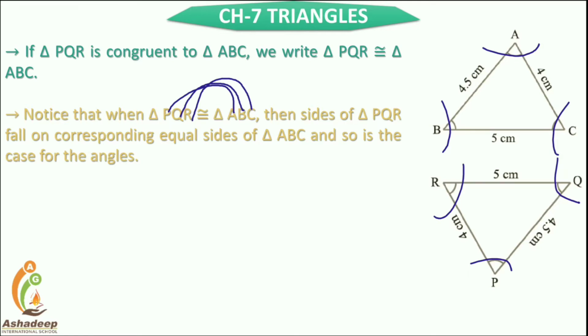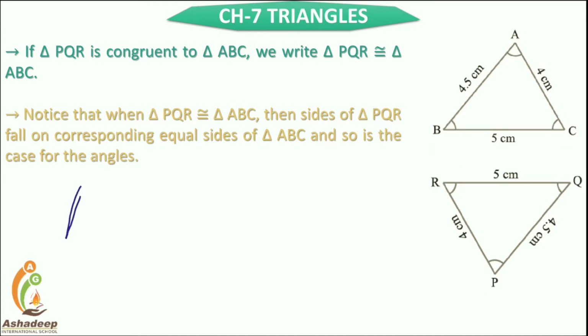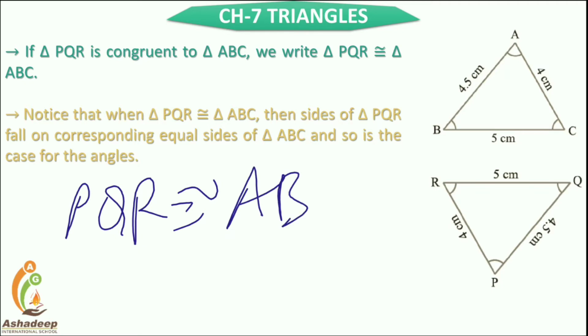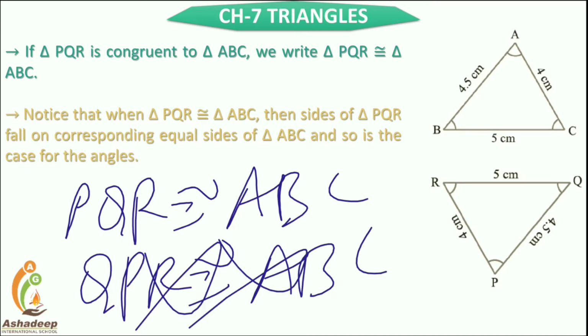The corresponding angle of A in PQR is P, of B is Q, and of C is R, right? So they must be written in this manner only, PQR congruent ABC. But if you write QPR is congruent to ABC, then this is wrong. You compulsorily need to write PQR, ABC.